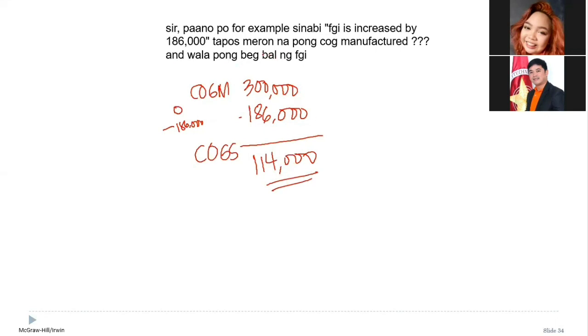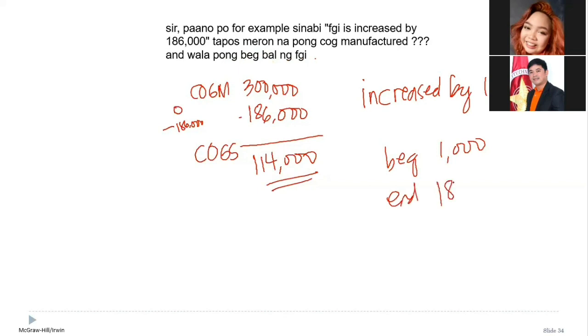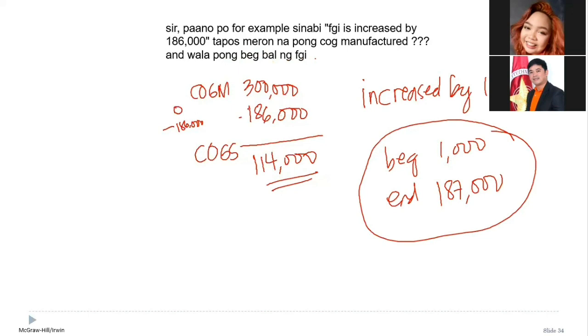Yung question dito, wala pong beginning balance ng finished goods inventory. It doesn't matter kung wala. Basta, klaro naman na sa atin na increased by 186,000. Pwede naman na ang beginning ay 1,000, tapos ang ending ay 187,000. The answer will be the same, na naka-minus 186,000 tayo.